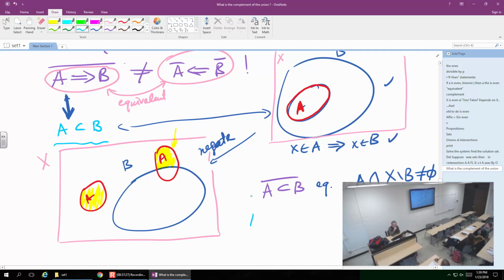So maybe we're talking about an equation or something like that. So x is a parameter. So this is how I would write it. For any x, A(x) implies B(x). Okay? This is what we want to negate.